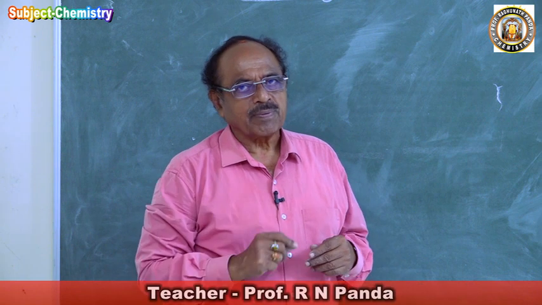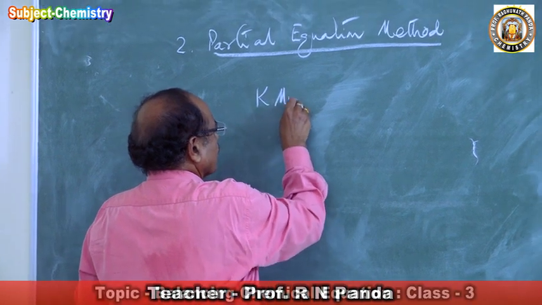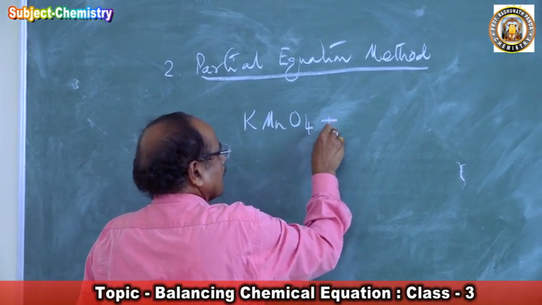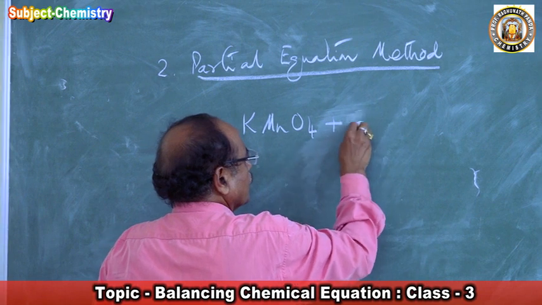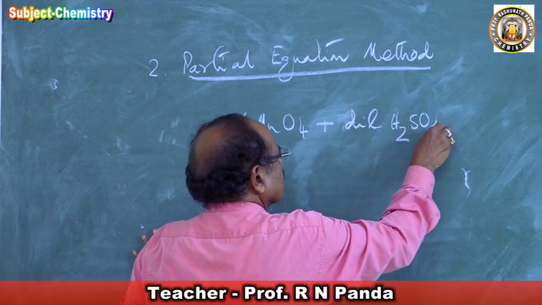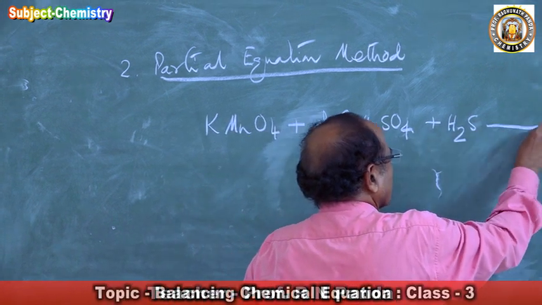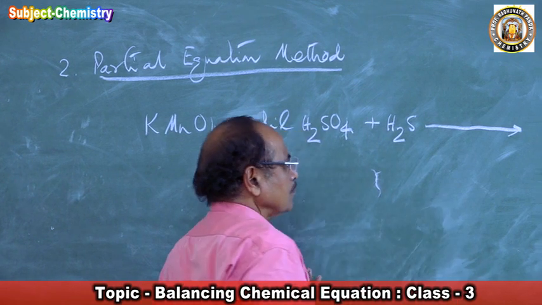For one simple example, suppose the equation given to us is potassium permanganate treated with dilute sulfuric acid, and H2S gas passed through that. This is the equation.